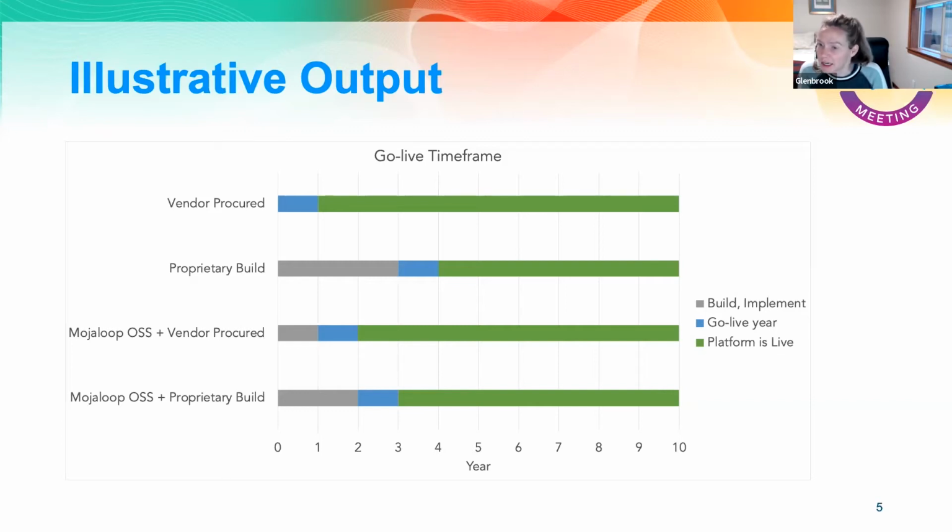So though we see a year, or in the Mojoloop plus proprietary build approach, a 3-year delay to getting to go live, the overall costs and earning structures are such that the total investment in this scenario was actually lower for those 2 approaches relative to the 2 at the top of the screen. So trade-offs, I think we can't escape them in one way or the other.